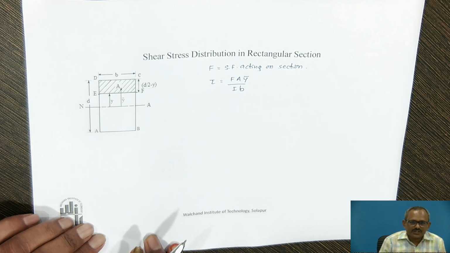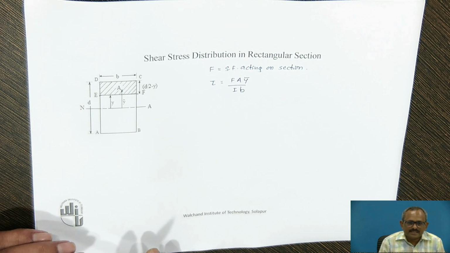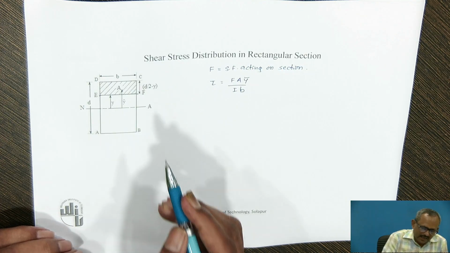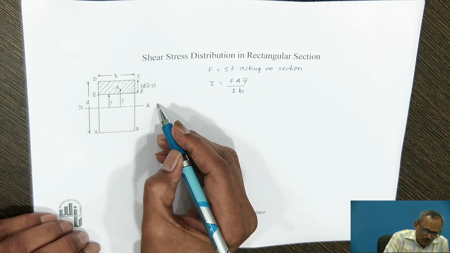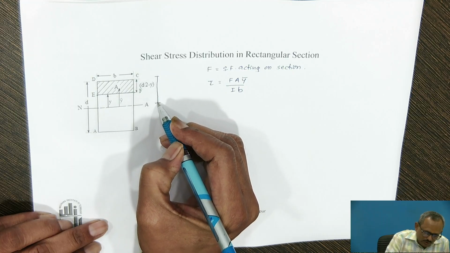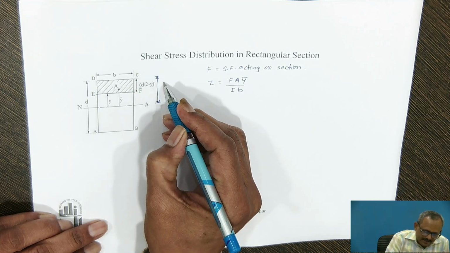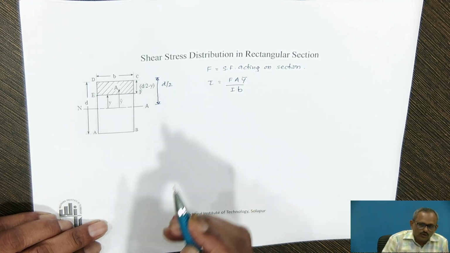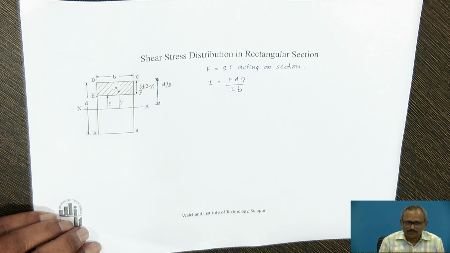Now, as the section is rectangular and it is symmetrical about x and y axis, the neutral axis of this particular section is lying at a distance d by 2 from the top edge and from the bottom edge. So, the position of the neutral axis is at d by 2 from the top and bottom.